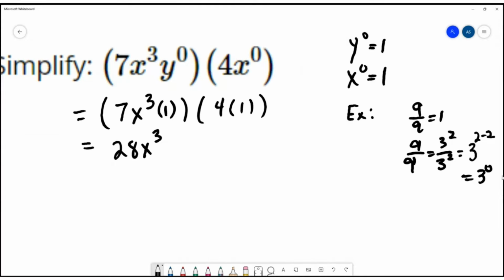So this gives us 3 to the 0 power equals 1. Now we could do this process with any value of the base except for 0, because we can't divide by 0. But this gives us the fact that we have y to the 0 equals 1 and x to the 0 equals 1, that's used in this example.